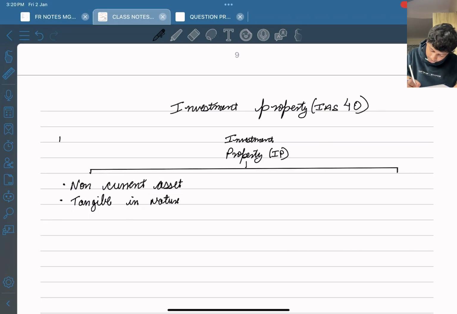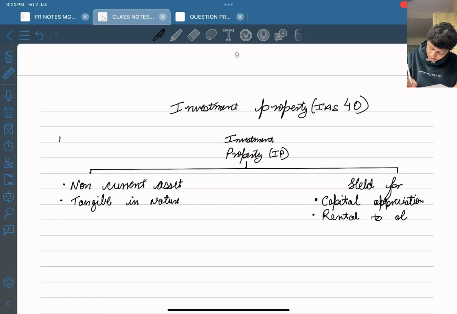Now, next, it is held for capital appreciation or rental to others.